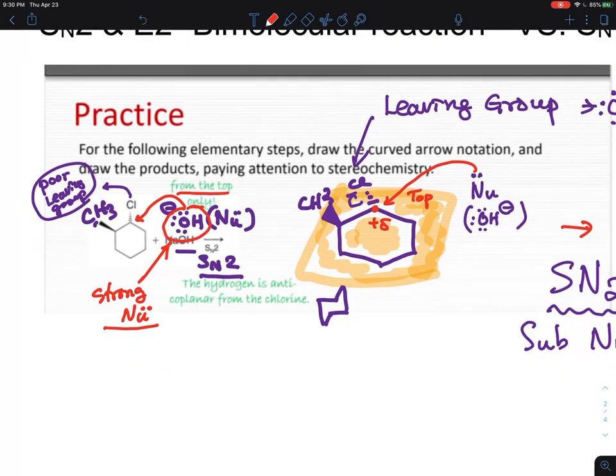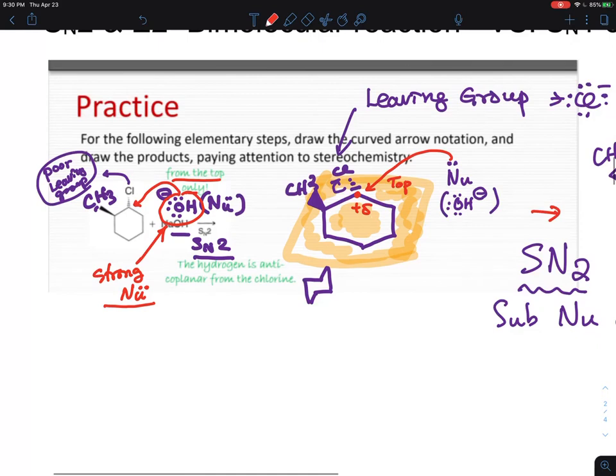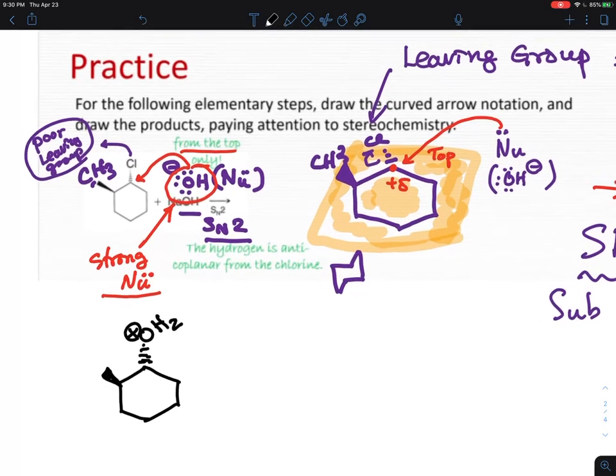So let me draw another example. I'm going to draw something very similar with a methyl sticking out, but this time I'm not drawing the chlorine; instead I'm going to write H2O plus. Okay, so this is the one that I just drew here.